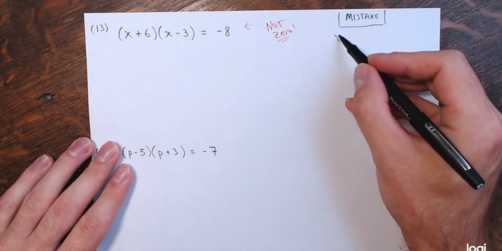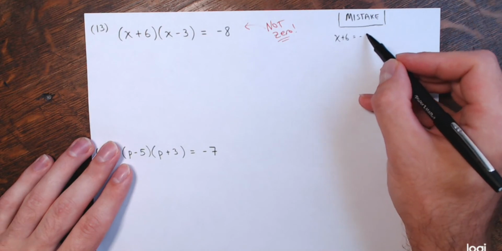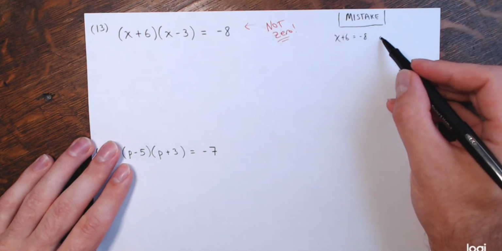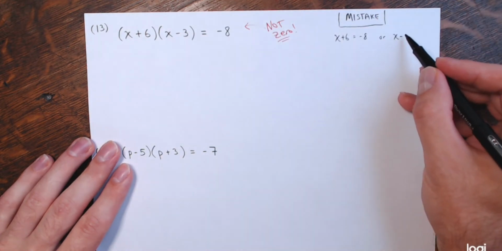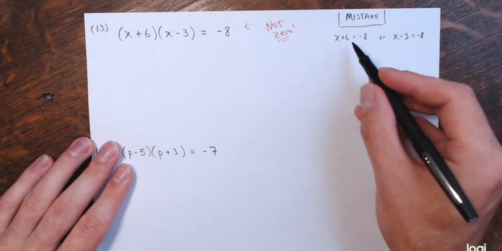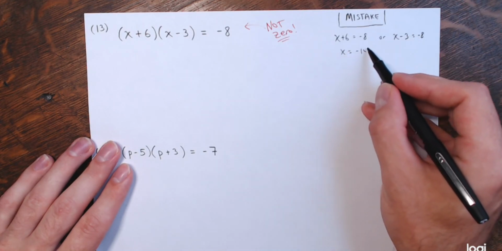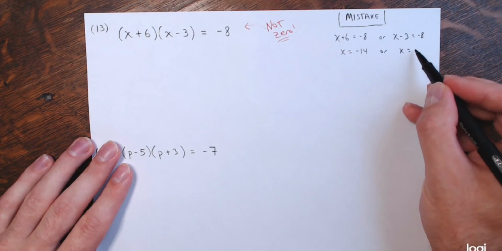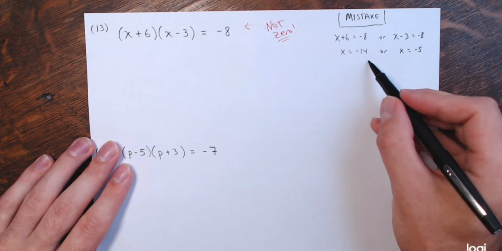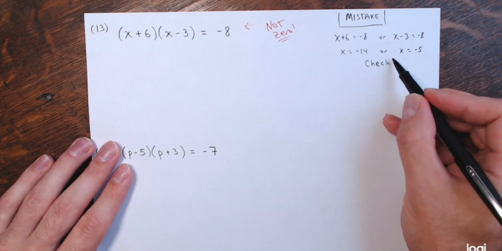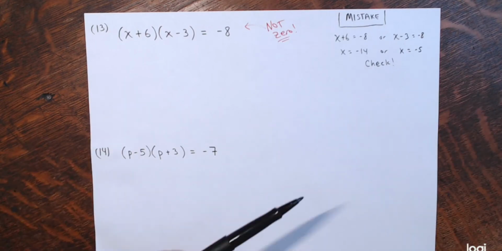Let's just take x plus 6 and set it equal to negative 8 there, and then take x minus 3 and also set that equal to negative 8 and solve. We get x equals negative 14 or x equals negative 5. But if you were to check these, look what happens.